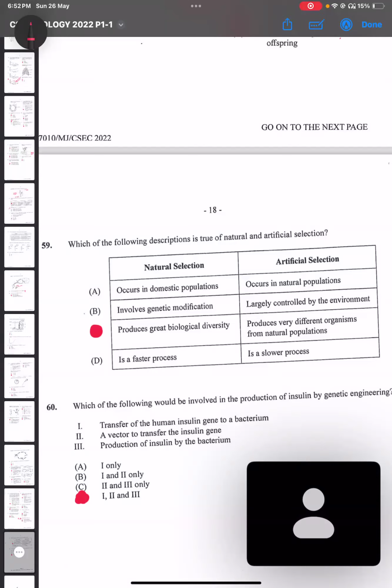So if you are going to go through any more other than the ones that we have done, do 2020 and 2021 and 2019. Do those 3 papers as well, because they changed the syllabus in 2017, I think. So from 2017 up would have been all from the same syllabus.